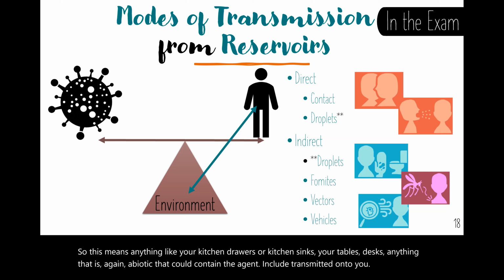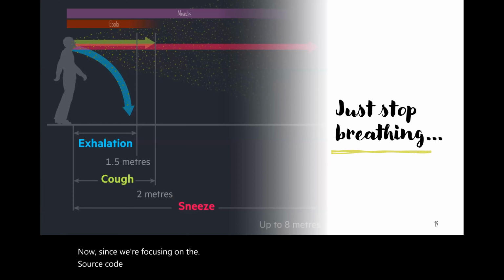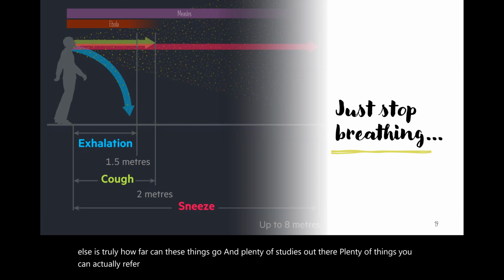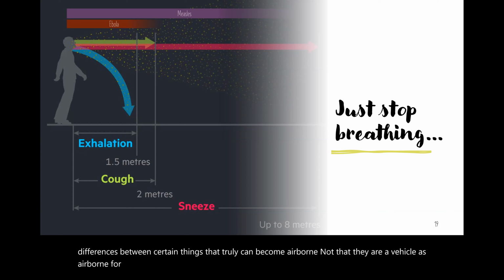Now, since we're focusing on the SARS-CoV-2 virus over here, one of the other things to consider more than anything else is truly how far can these things go? And there are plenty of studies out there that you can refer to. I'm sure there are lots of cool little graphics out there talking about the differences between certain things that truly can become airborne, not that they are a vehicle as airborne, for example, and the differences of this mode of transmission that involves droplets.